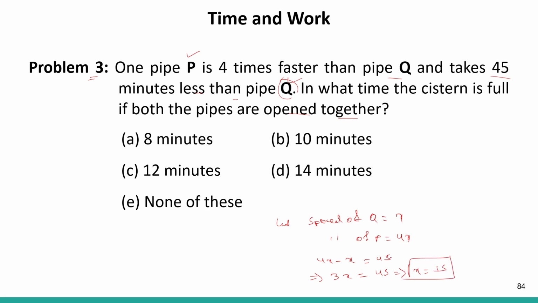So this much amount of time is what Q takes. If the speed of Q is equal to 15, then the speed of P is equal to 4x, that is 60, right?